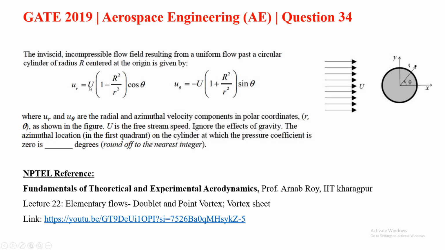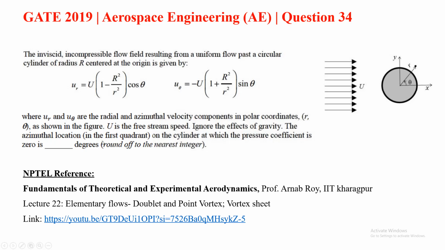Ur is given by U (1 minus R squared by r squared) cos theta, and U theta is equal to minus U (1 plus R squared by r squared) sin theta, where Ur and U theta are the radial and azimuthal velocity components in polar coordinates as shown in the figure. U is the free stream speed, and ignore the effects of gravity.